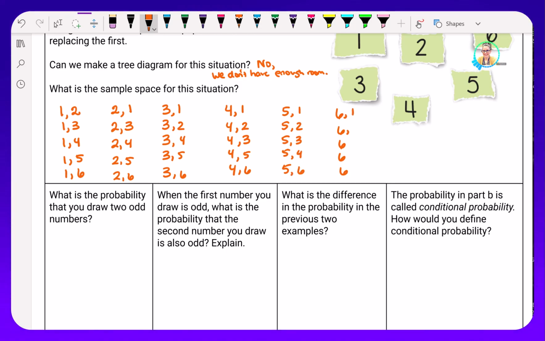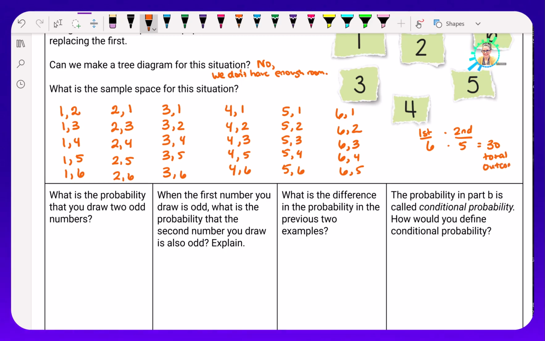And on the last one, I have everything but a 6. So that is my sample space. Notice that I had 1, 2, 3, 4, 5, 6 possibilities for the first draw, and then for the second draw I have only 5 because I can't draw the same number twice, which should give me 30 total outcomes.